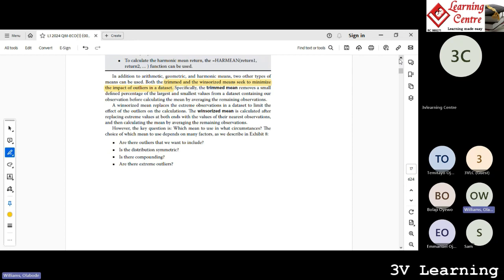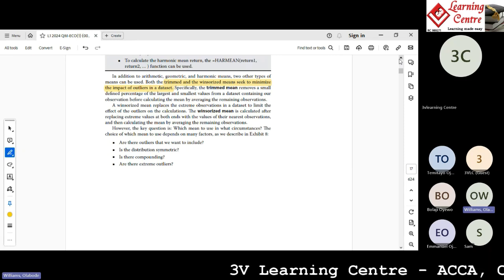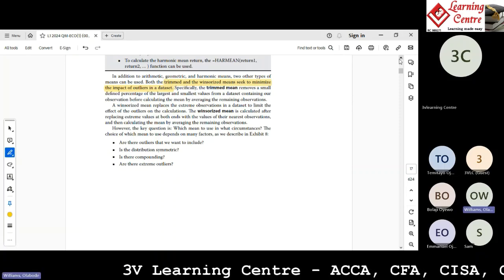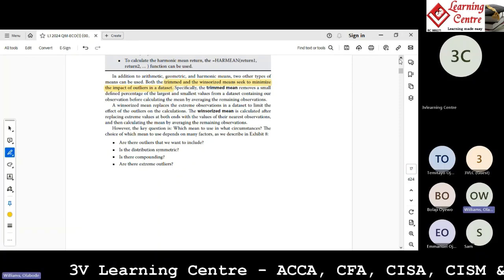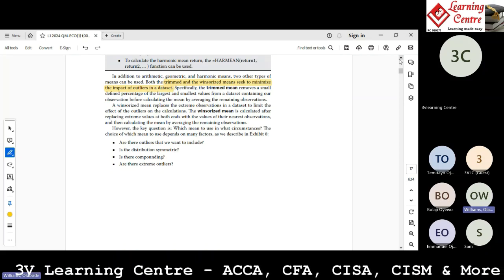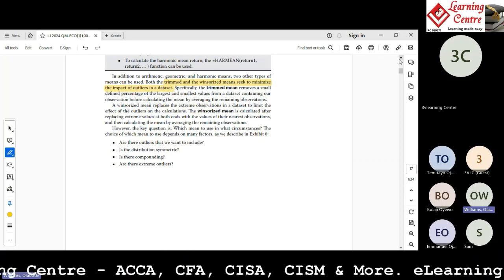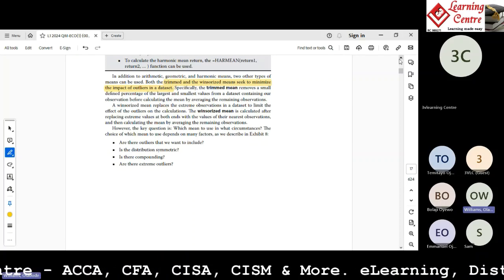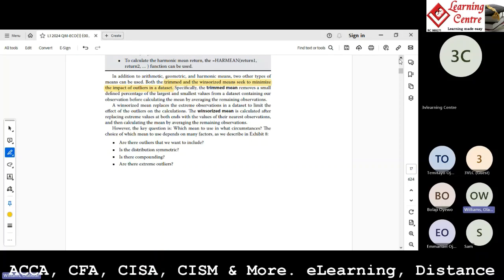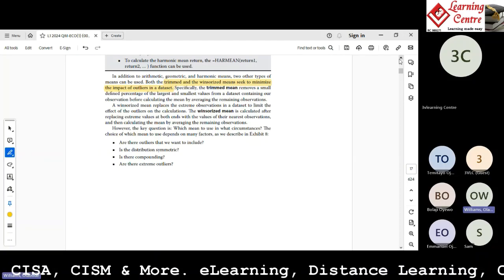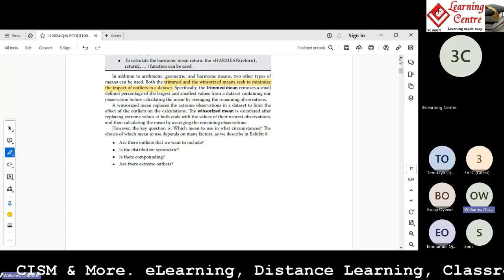Now for the trimmed mean, as the name suggests, you trim. So you have a data set with an outlier. You look at the most extreme high value and cut it off, and then the most extreme low value, and cut it off. Imagine I have data from minus 40 to plus 600, with a lot of other data in between. I will cut off the plus 600, cut off the minus 40, then use the remaining observations.